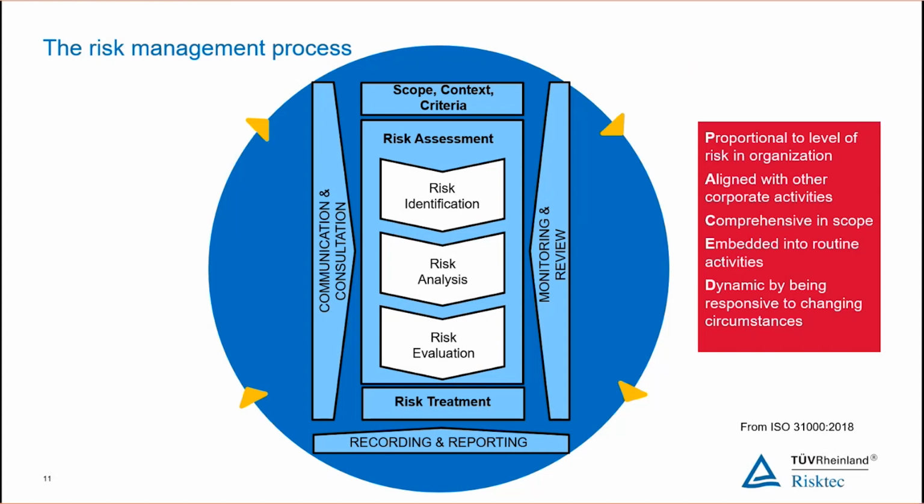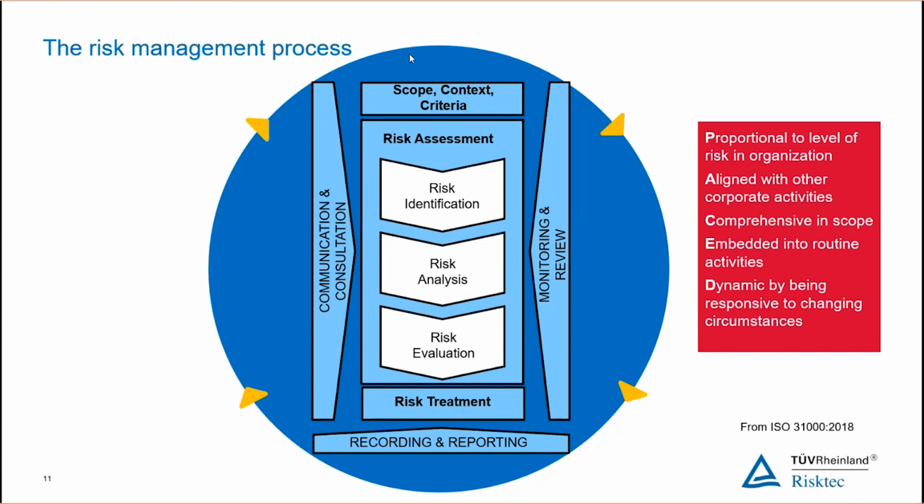The ISO 31000 standard is a general approach towards risk assessment. It's agnostic as to whether or not you're looking at safety risks, environmental risks, business risks, whatever. It's a general approach towards risk assessment, and it works very, very well as a basic starting point for all of this. And the remainder of this webinar is going to be based around these concepts.